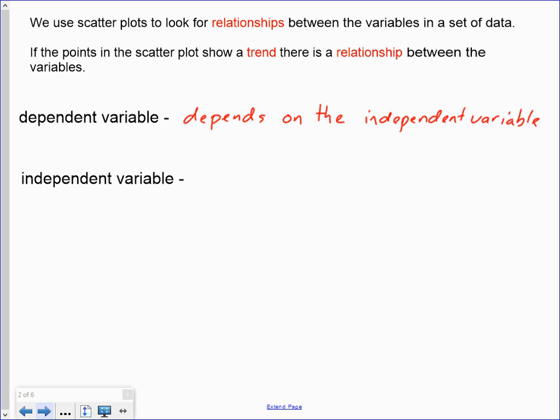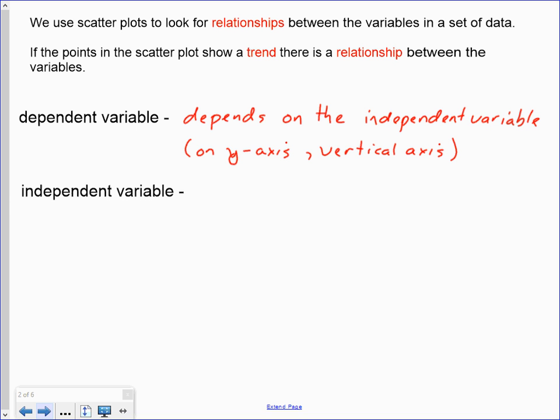And we always plot the dependent variable on the y-axis, or the vertical axis of our scatter plot.